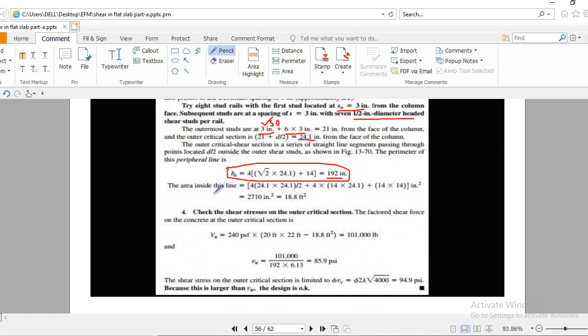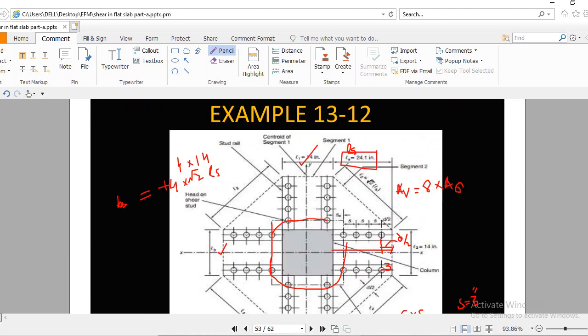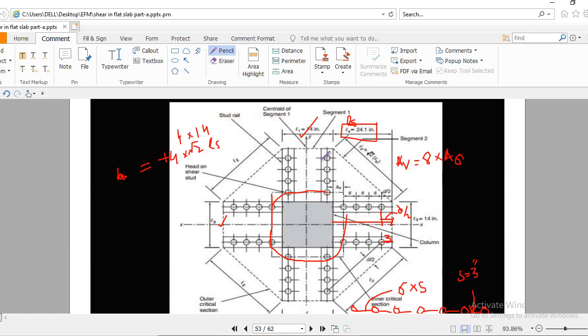Now the area inside this line will be 2710 inch square. So how did they get this? It is very simple. If you see some mathematical background, we have this rectangle right here.